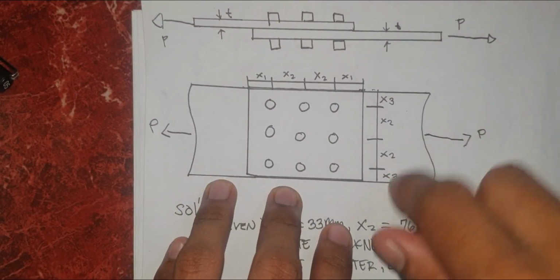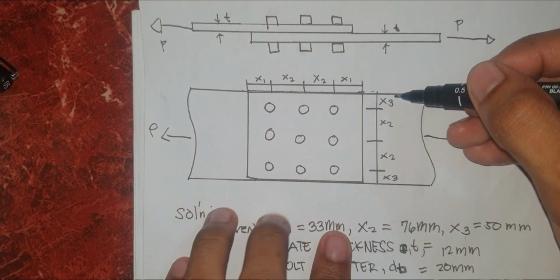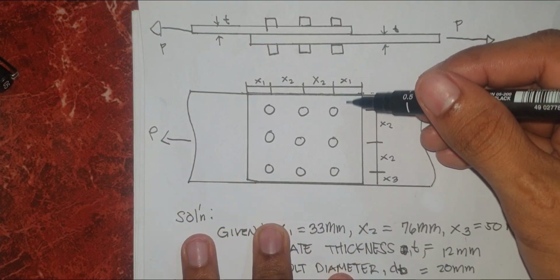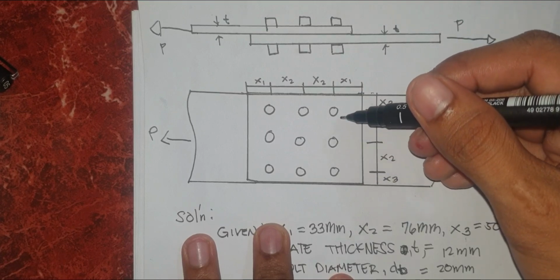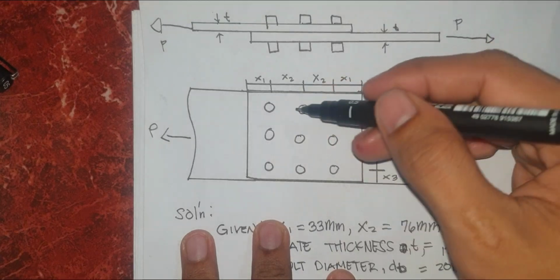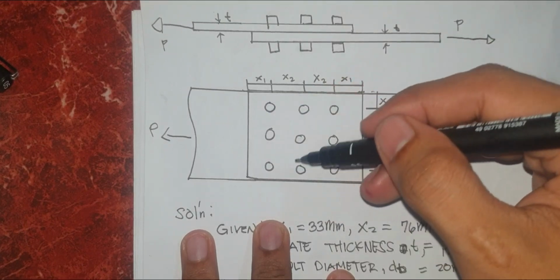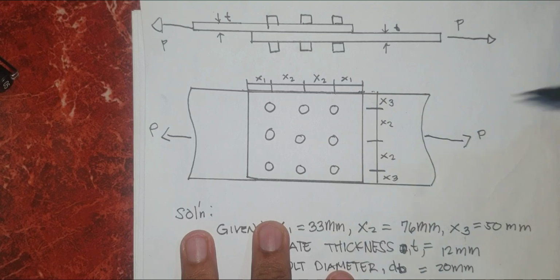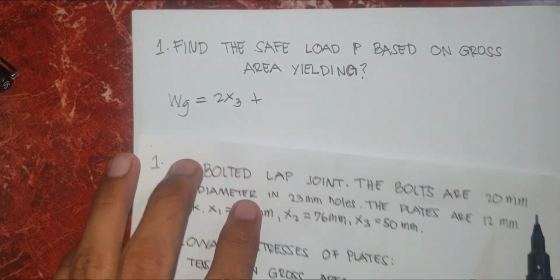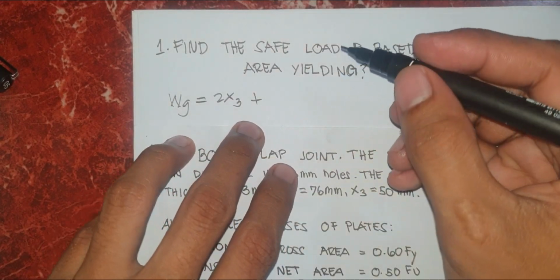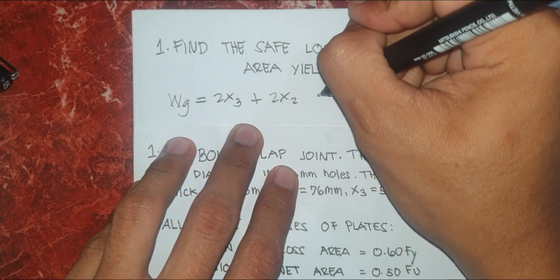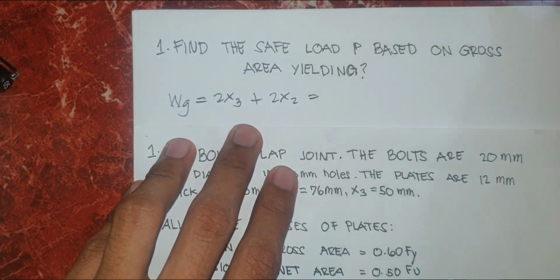The gross width is 2 times x sub 3 plus 2 times x sub 2.